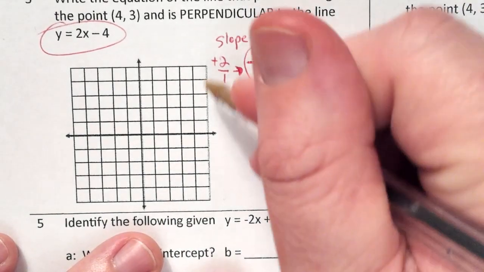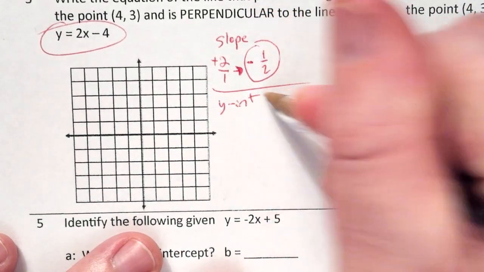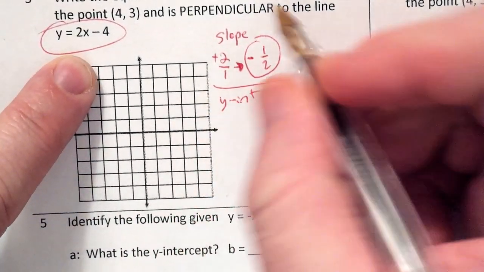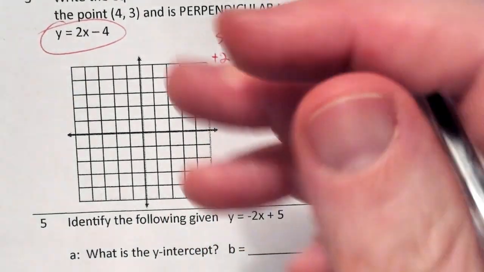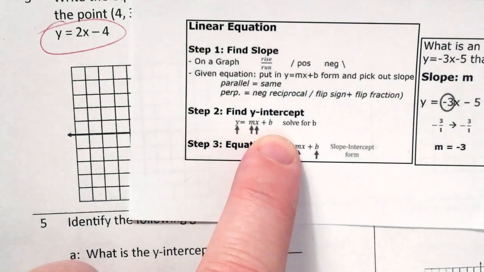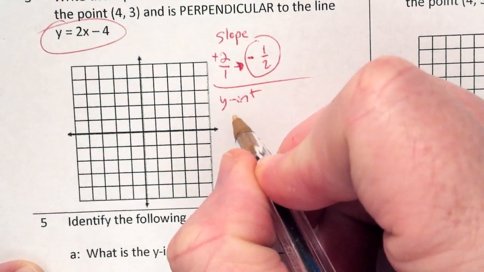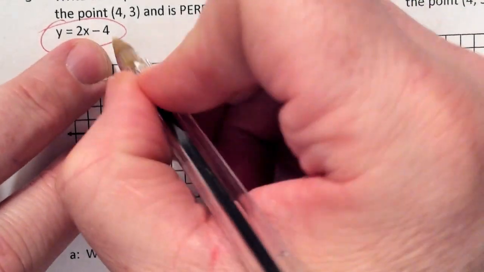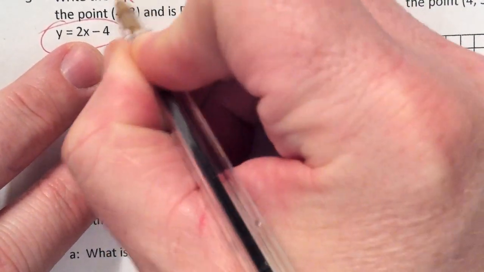All right, step number 2, your y-intercept. If you look at your notes, it says plug in everything else and solve for b. So we have y equals mx plus b. This is my x and this is my y off of that point.